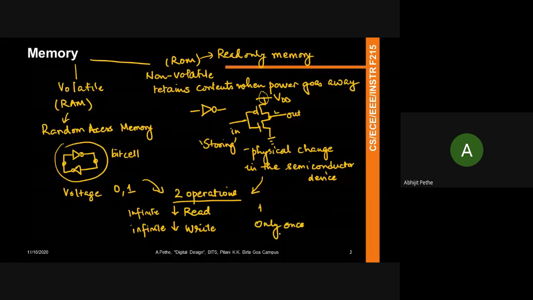So if you think about a ROM, you can write it only once. That process of writing only once is known as programming the ROM. There are different kinds of ROMs available in the market. In olden times, ROMs used to be erasable ROMs, right? We had ROMs where you could shine light on the ROM and erase it, or use electrical currents.